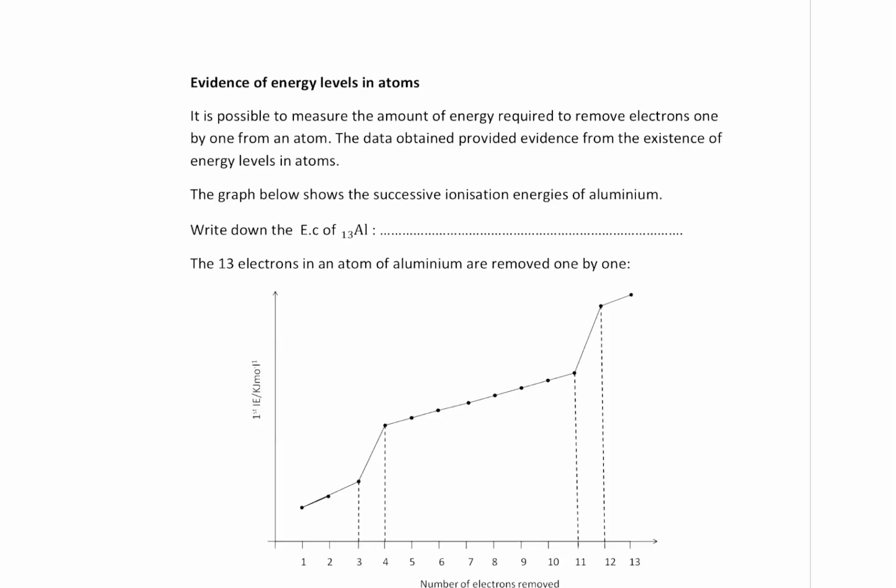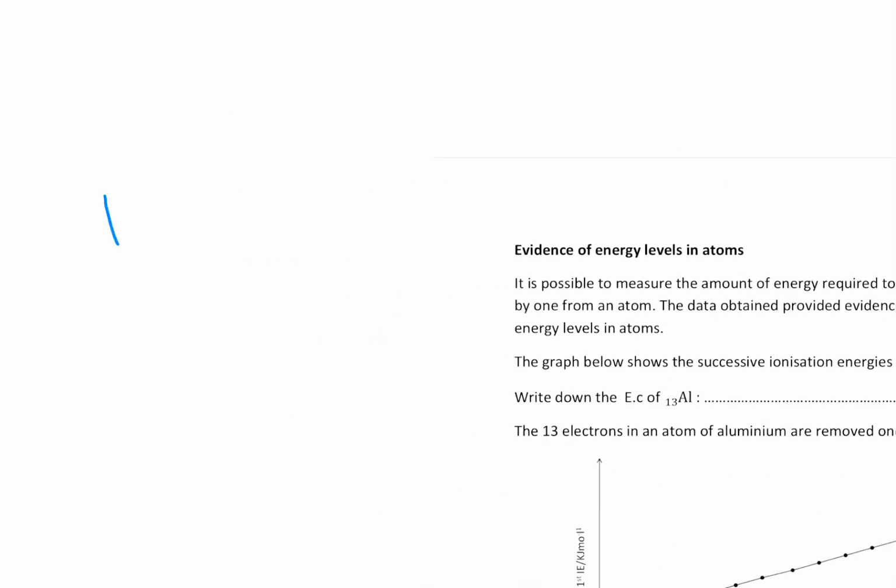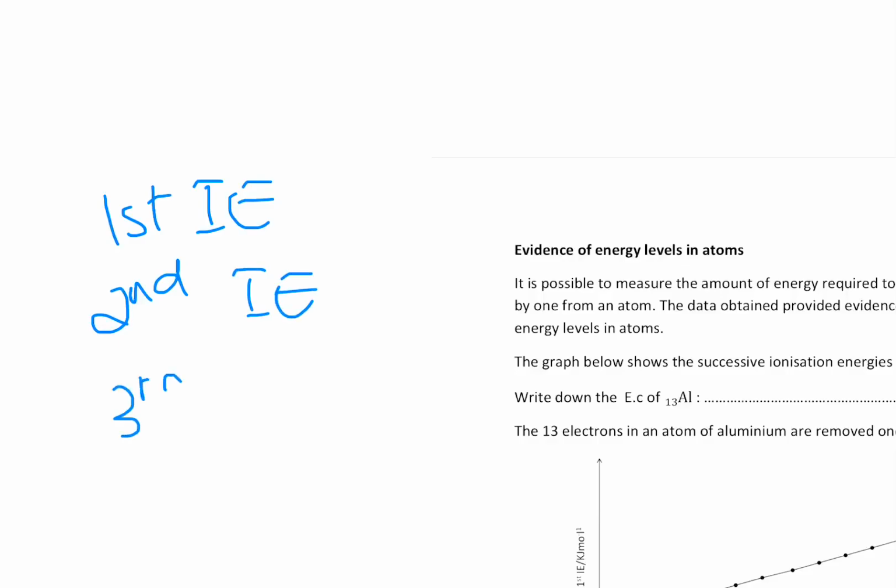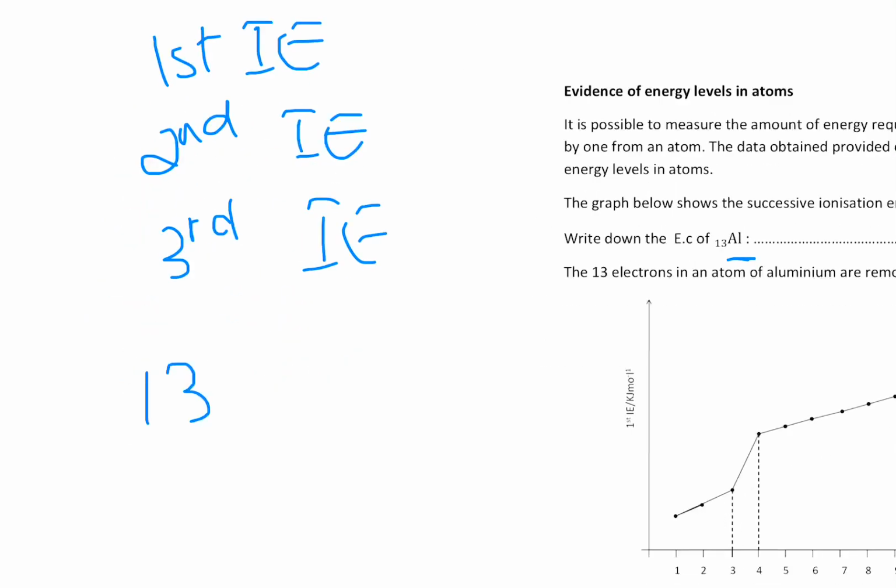Now, the fact that we are able to remove electrons from an element one by one, so we have first ionization energy, second ionization energy, third ionization energy. In the case of aluminium, we'll have up to the 13th ionization energy.